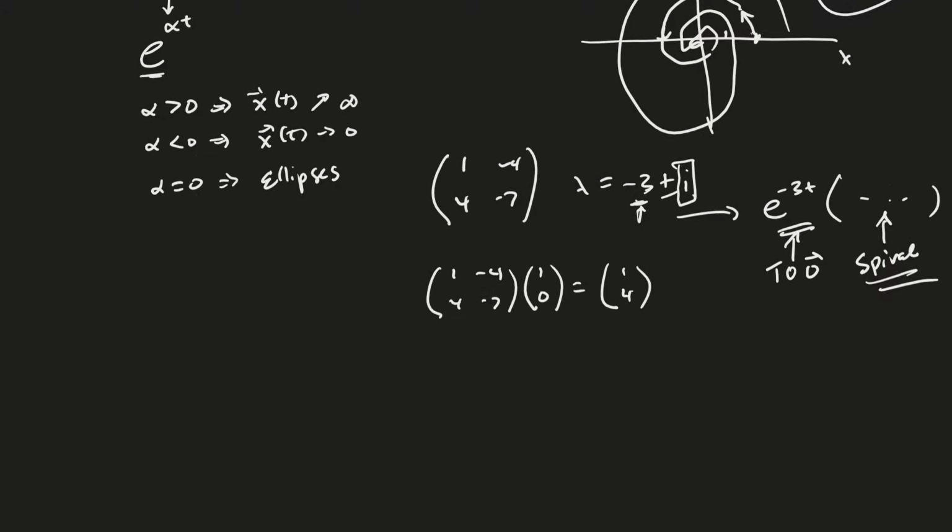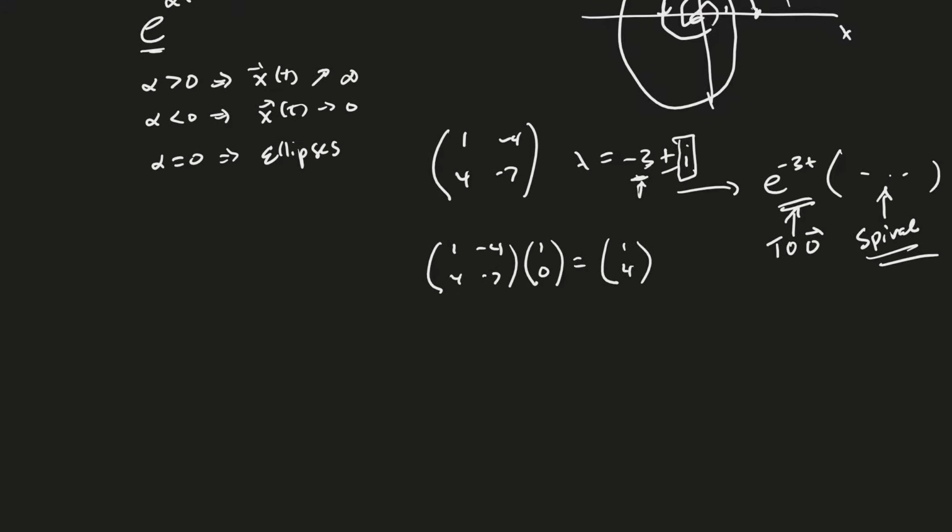So similarly, if we had something like lambda equals positive 3 plus i, right, then the spin would be going away from the origin. Whichever way, it might be clockwise still or counterclockwise, we'd have to tell.